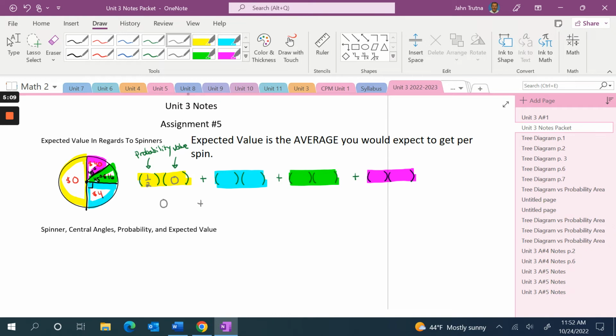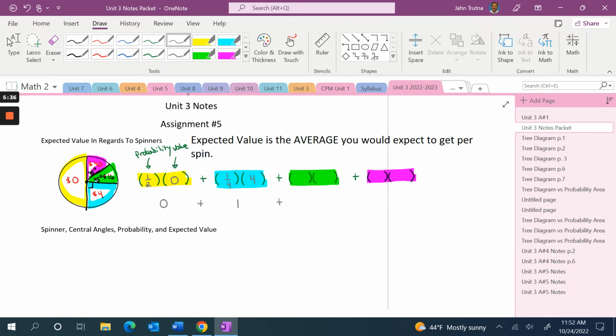Okay? The blue section, which has a value of $4, is 1/4 of the circle. The probability of the spinner landing anywhere in the blue section, which is worth $4, is 1/4. Okay? 1/4 multiplied with 4 is 1. Then I'm going to add that with the green section.